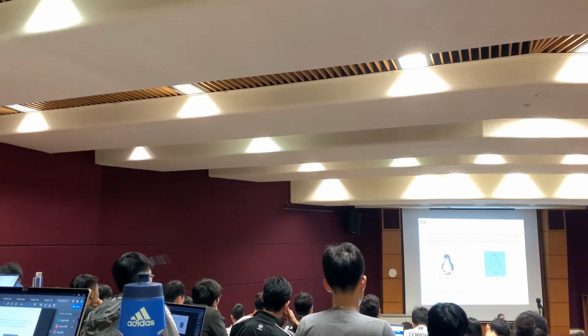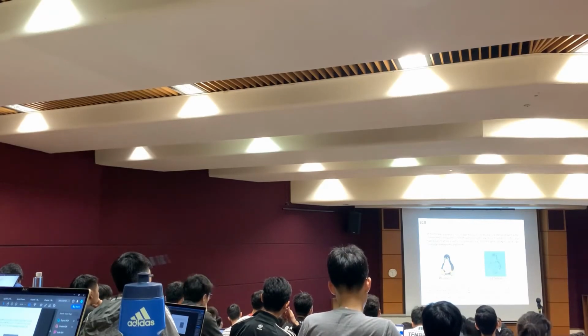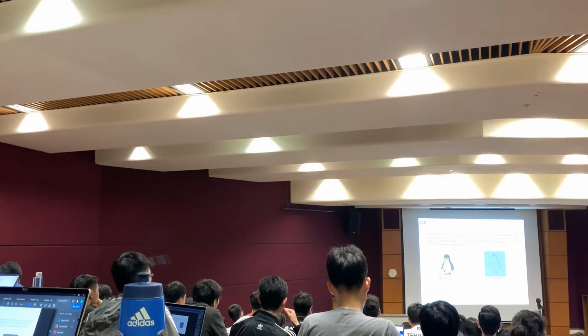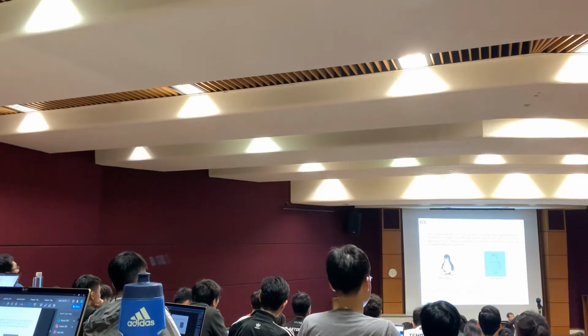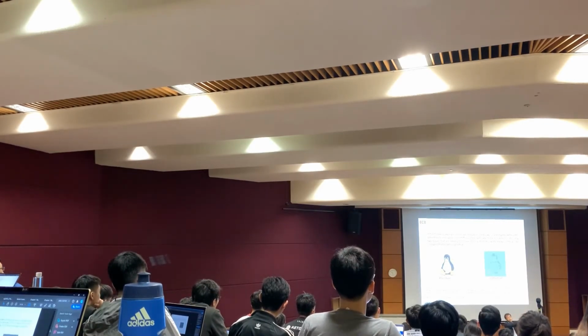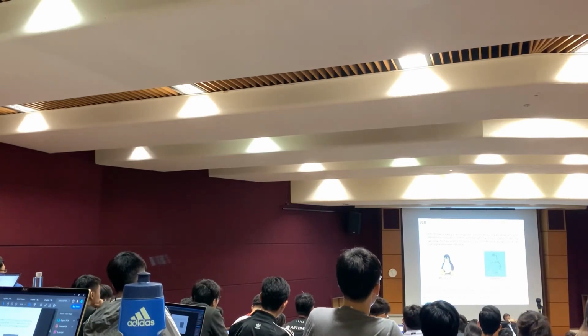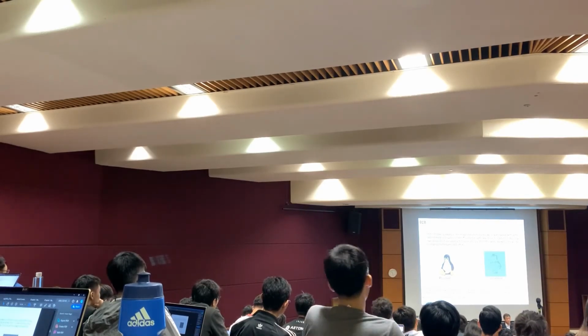Let's assume every pixel is represented by 3 bytes. Then I can divide the penguin image into pieces, where every piece is 128 bits, 16 bytes: 16 bytes, 16 bytes, 16 bytes, and so on.